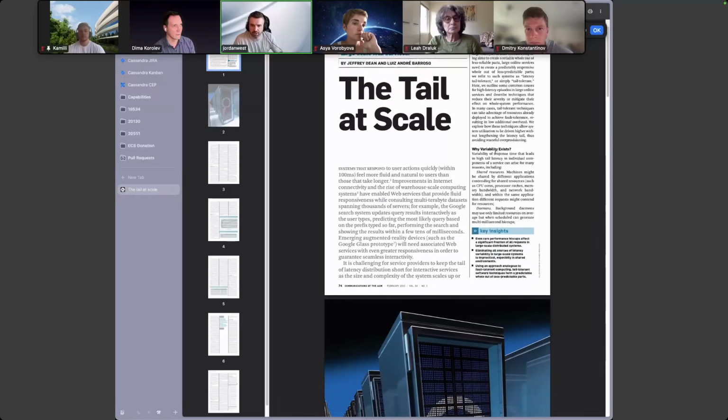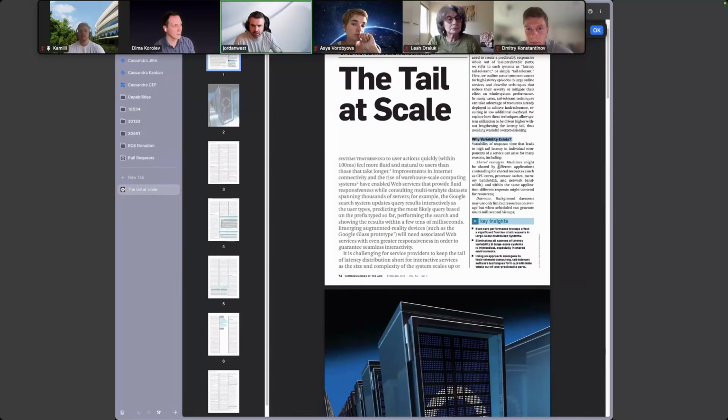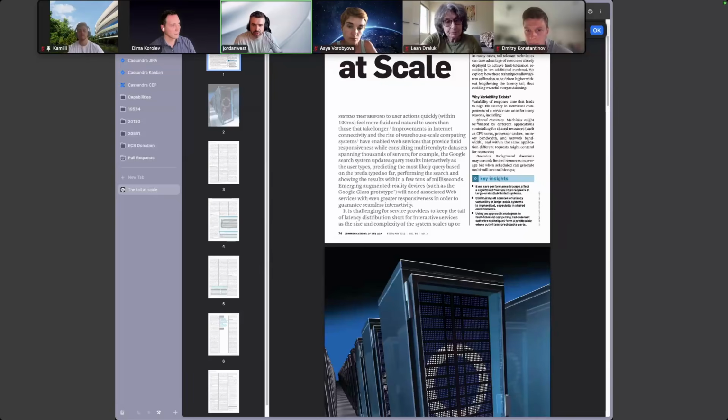So the paper talks first about why we get this variability in tail latencies. Some of those include that we're sharing these machines often. Either we're sharing them in the cloud these days, and so we have literal noisy neighbors because you're on one big box and you've got a few CPUs and another person has other CPUs, or you're co-locating applications, like maybe you're running Kubernetes or something like that.